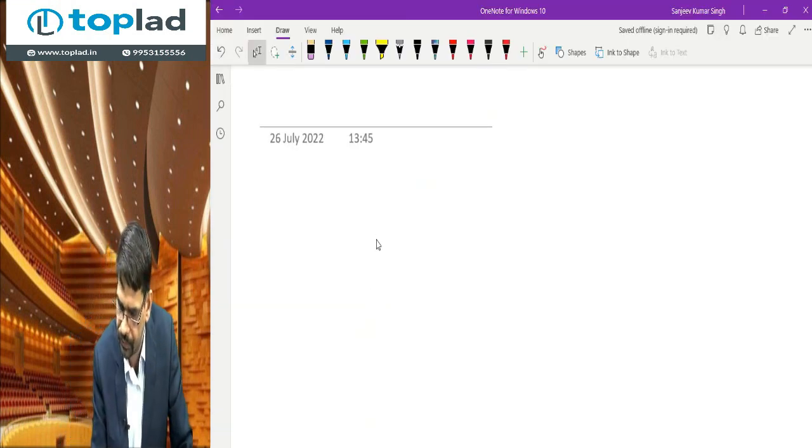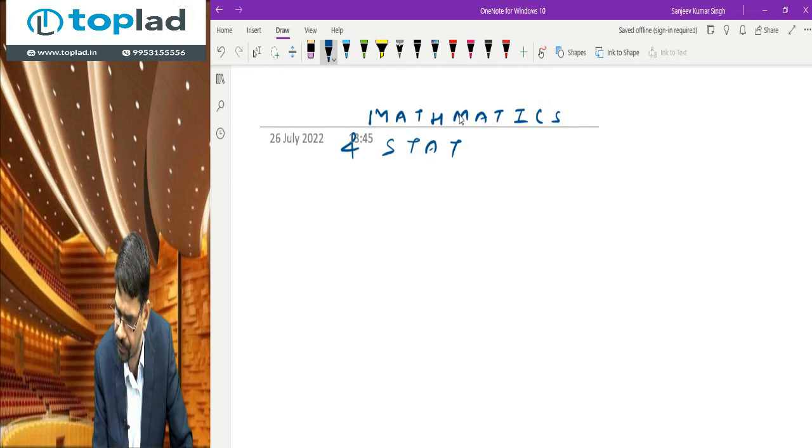Friends, basically our subject has two areas which we are going to study: mathematics and statistics. First of all, we will discuss the ABC analysis of the subject, which chapters start at the top level and the bottom level.